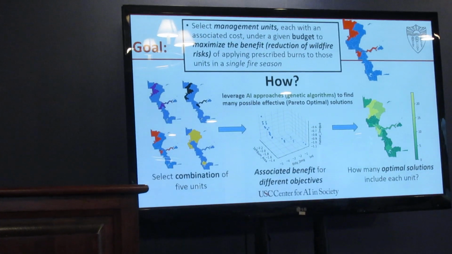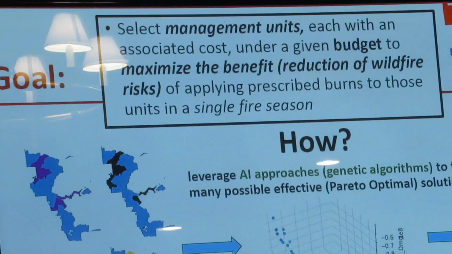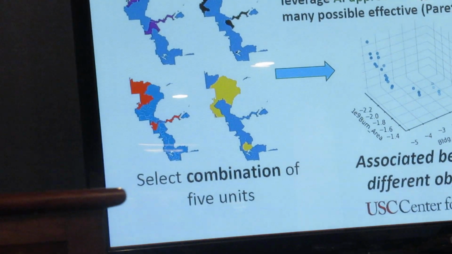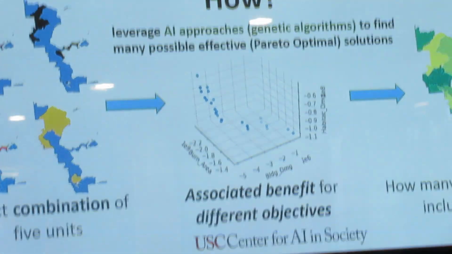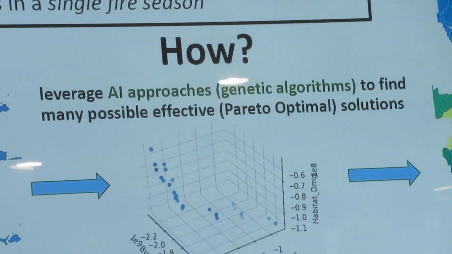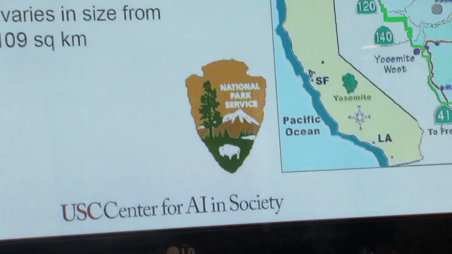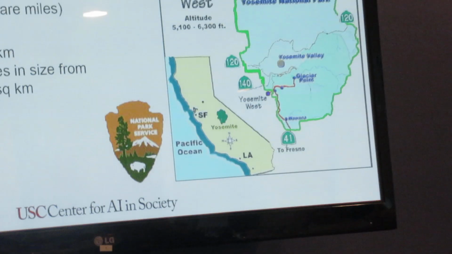So it becomes also beyond just doing algorithms and AI, you have to think about how these things are going to be incorporated into actual decision making on the ground. And so that's why we worked with computer scientists that work more on human-computer interaction, visualization, to help us plug these things into a visualization where it might make sense to an actual decision maker.